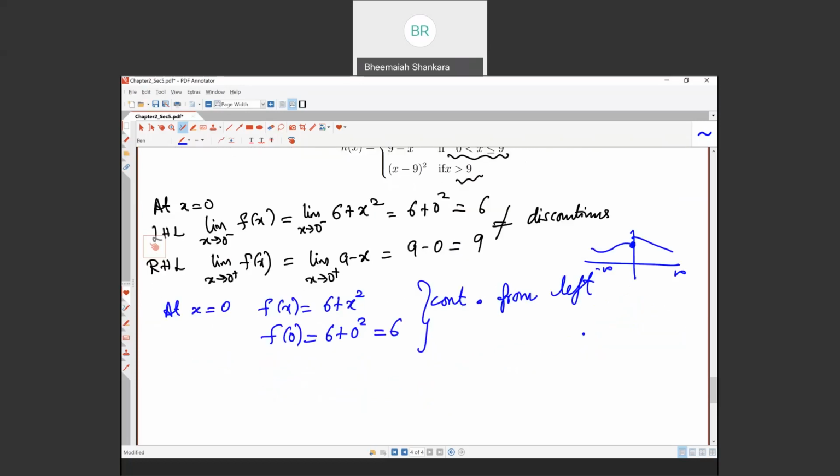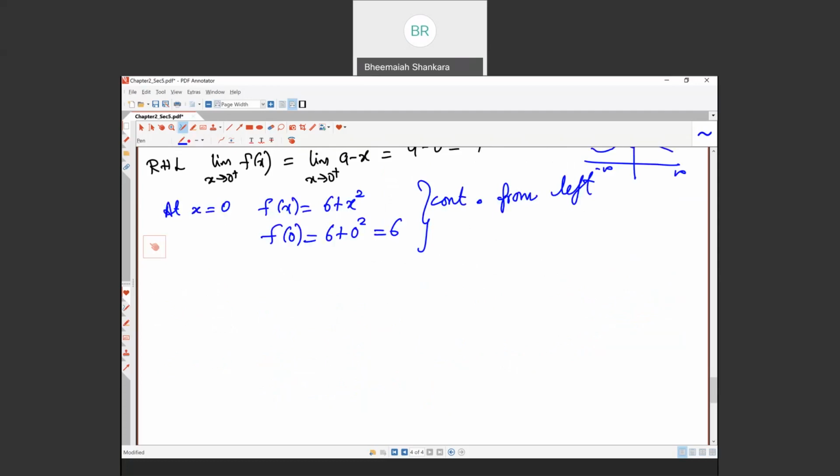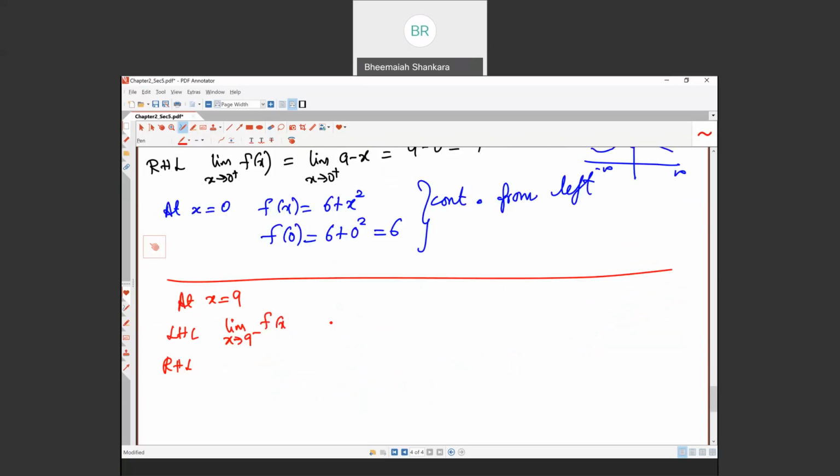The next point of discussion will be 9. So you write at x equal to 9, you want to see the left hand limit and the right hand limit calculations. Limit x approaching 9 minus, f of x, which is 9 minus x. Plug in 9, you have the value as 0.